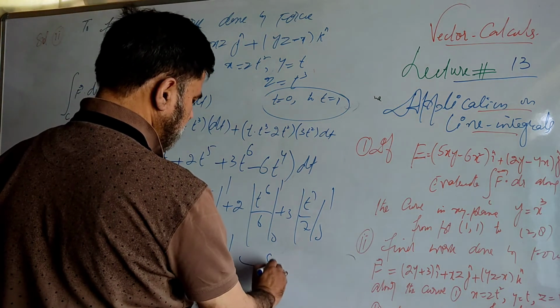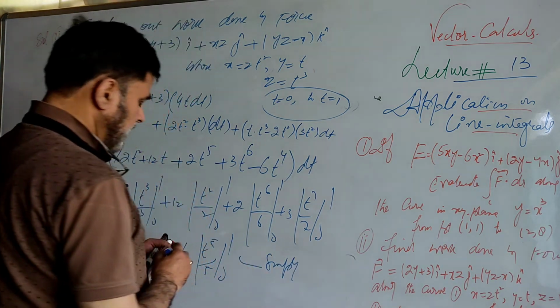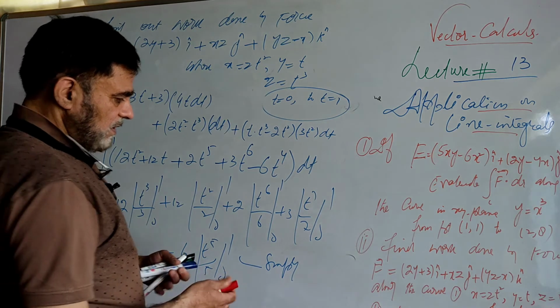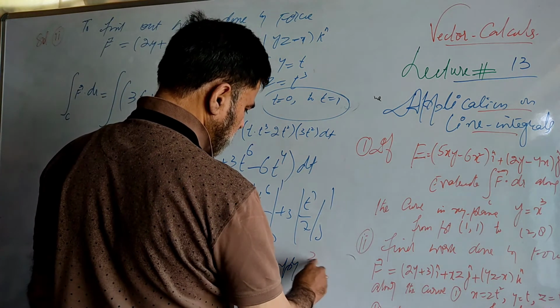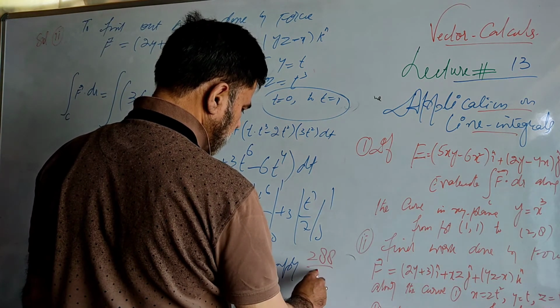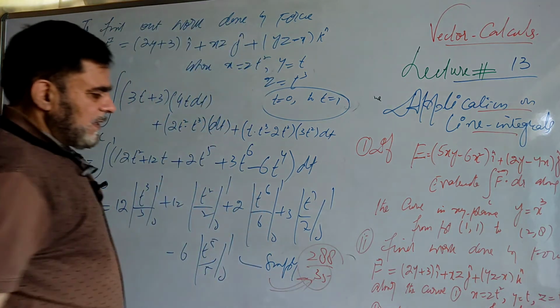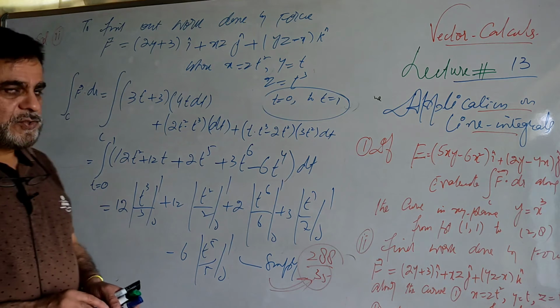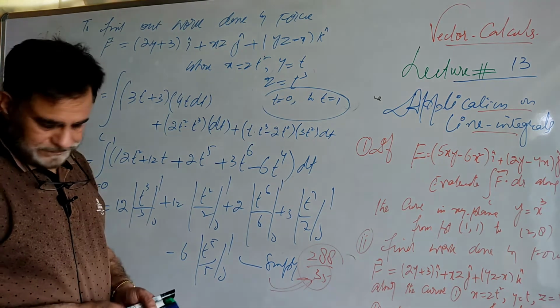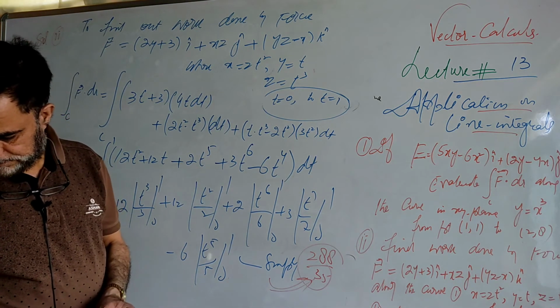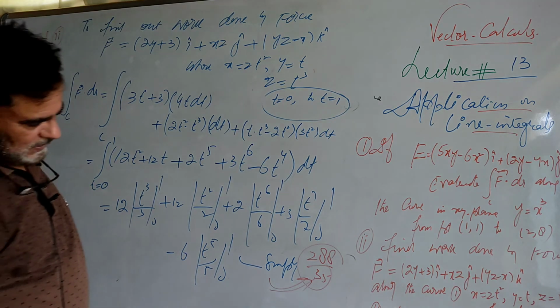You will simplify this and check its answer. The result should be 288 by 35.